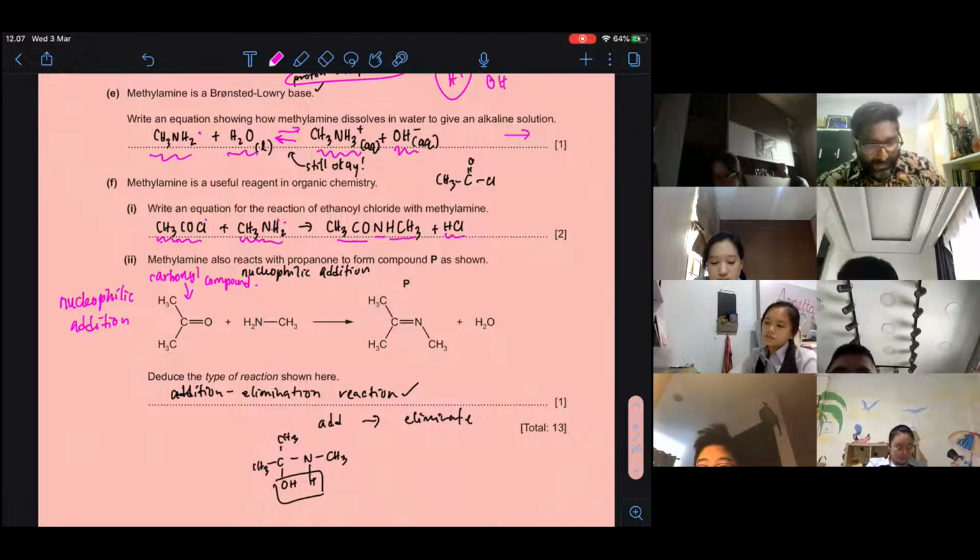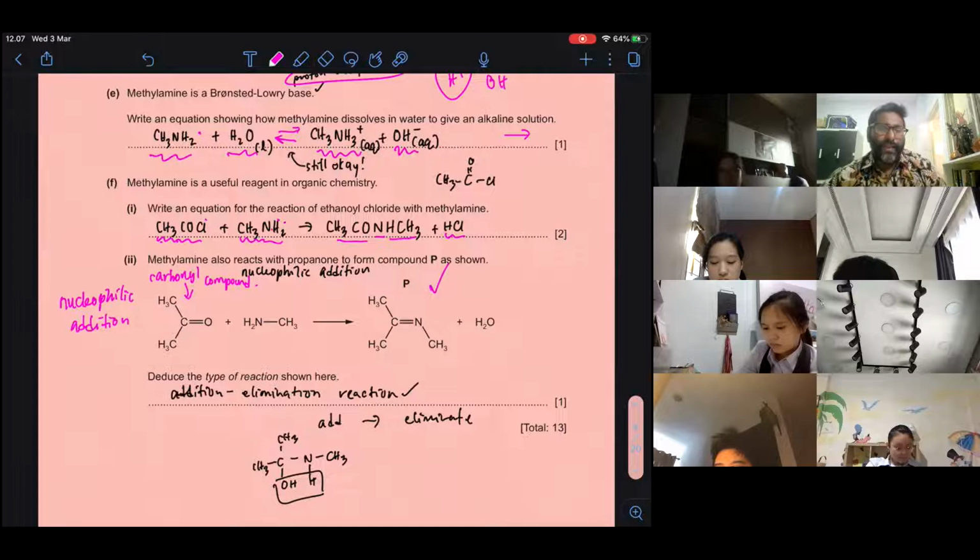When this reaction is happening, I am going to get this product. But if I want to deduce the type of reaction here, I can see that water is being removed.